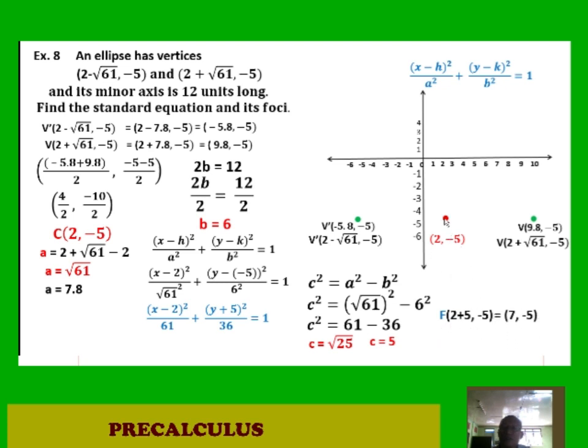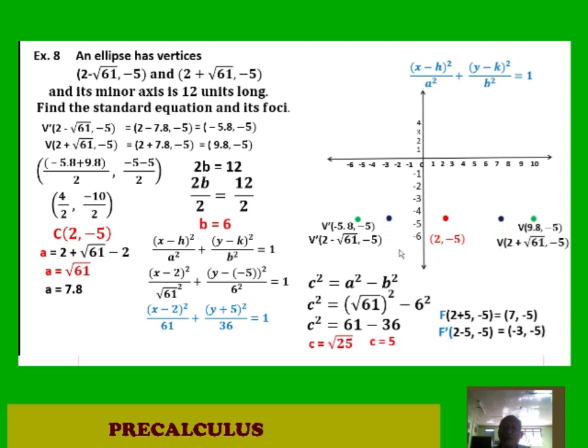The focus is h plus c, or 2 plus 5, -5. Simplify, this is 7, -5. And the other focus is h minus c. So 2 minus 5. Simplify, that is -3, -5.